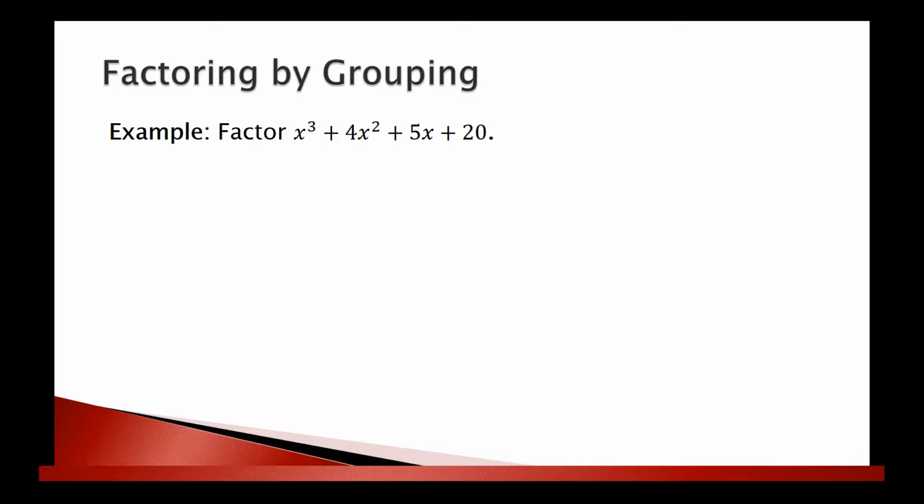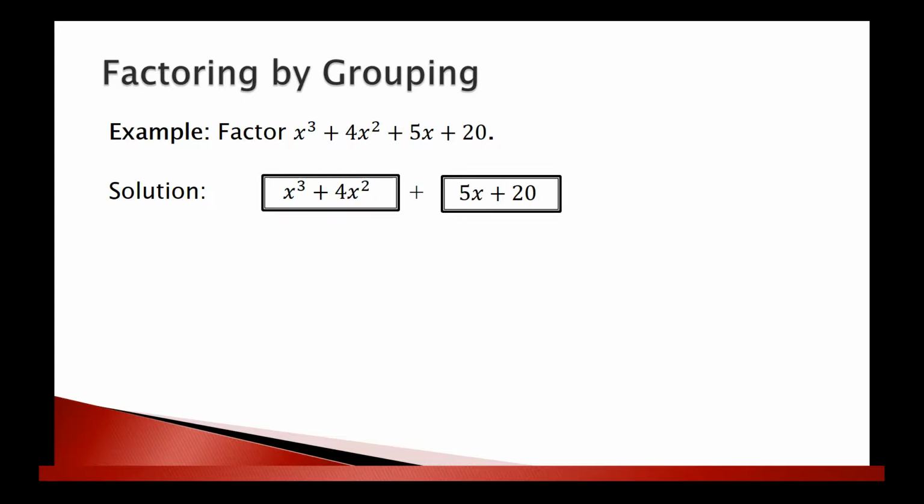We see that there is no GCF of this polynomial, but if you group this polynomial into two groups, the common factor of the first two terms is x squared and the common factor of the second two terms is 5, so you can group them in these two groups, where the first group is the first two terms and the second group is the last two terms by their common factors.